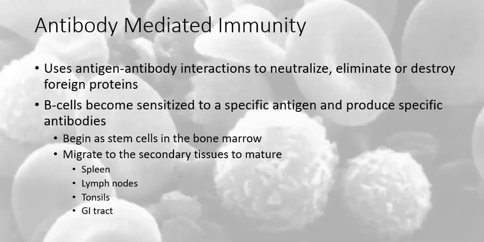For optimal antibody-mediated immunity, the entire immune system must function adequately. B cells start as stem cells in bone marrow and then migrate to secondary sources, which would be the spleen, lymph nodes, tonsils, or mucosa of the GI tract.